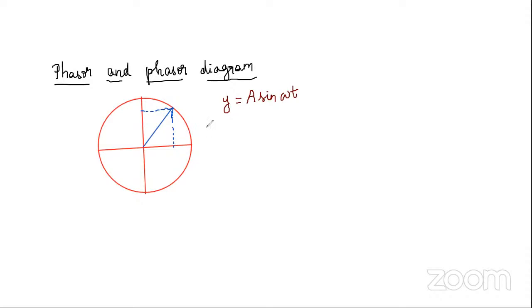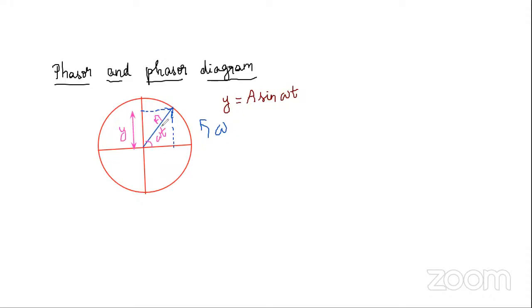So for a simple harmonic motion, this A rotates with angular velocity omega. So here this is y, and this vector is actually A. This angle is omega t.